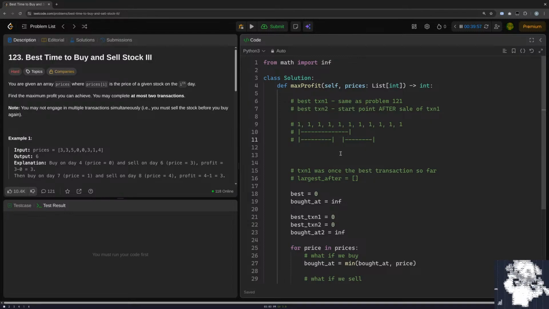And you can find the end point instantly, but you can't find the start point.